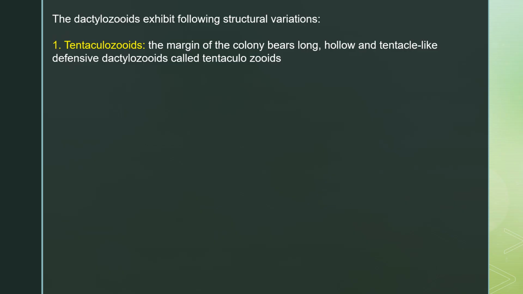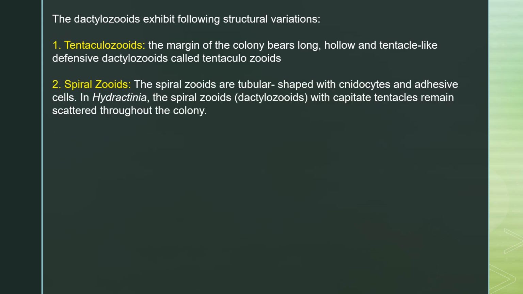tentaculozoids. The margin of the colony bears long, hollow, tentacle-like defensive dactylozoids, which are called tentaculozoids. The spiral zooids are tubular-shaped with nidocytes and adhesive cells. In Hydractinia, the spiral zooids with capitate tentacles remain scattered throughout the colony.